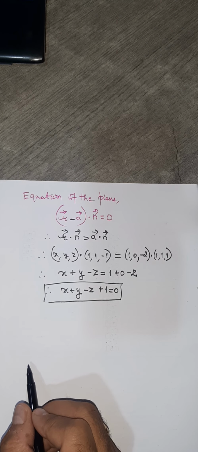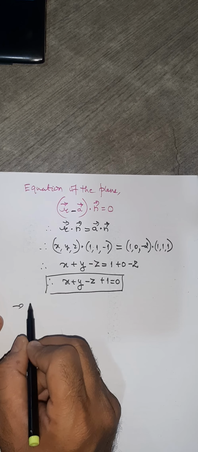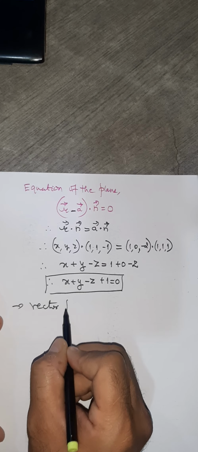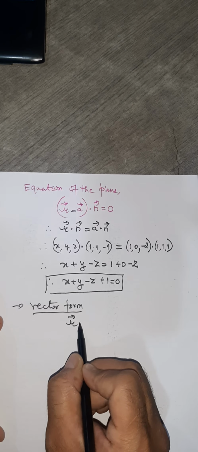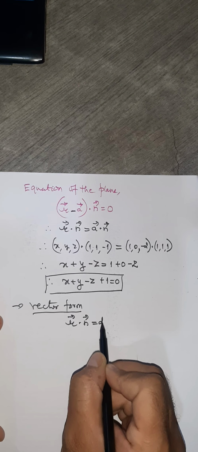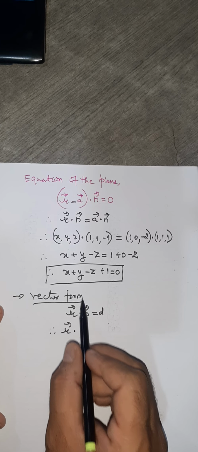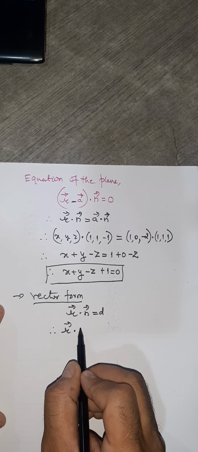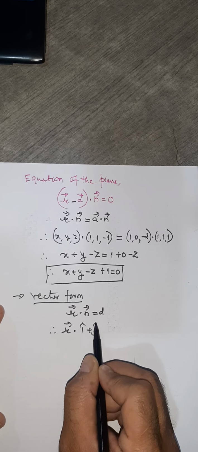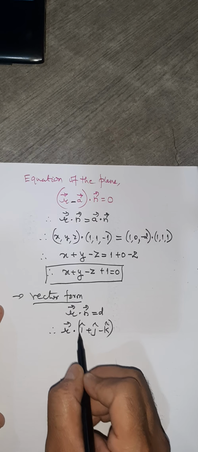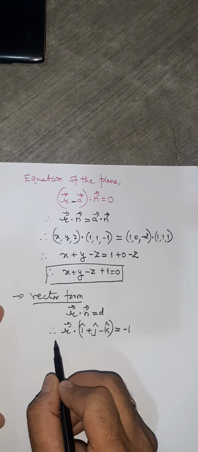And this is the Cartesian form. How do we write the vector form? The vector form, you know, is r dot n equals that constant d. So r dot, what is n? n is the normal, which is nothing but i cap plus j cap minus k cap, equals d. d is a constant, that's minus 1.